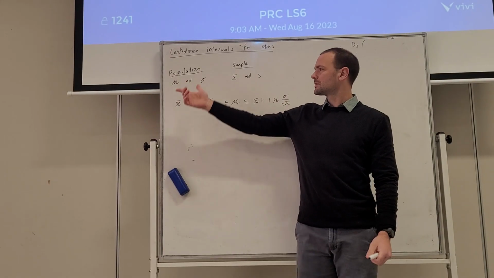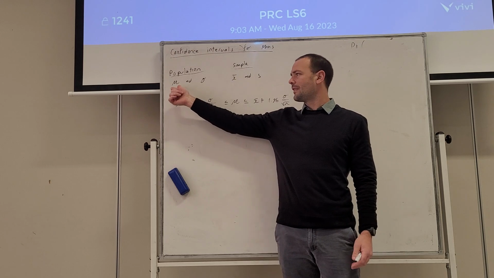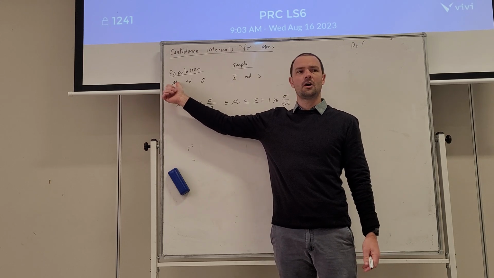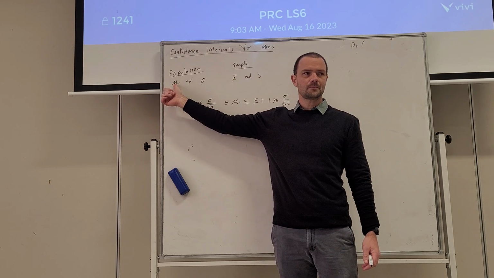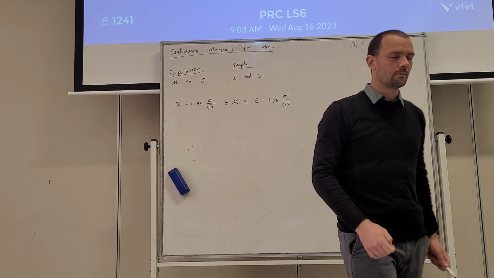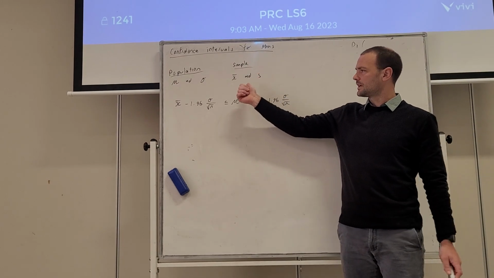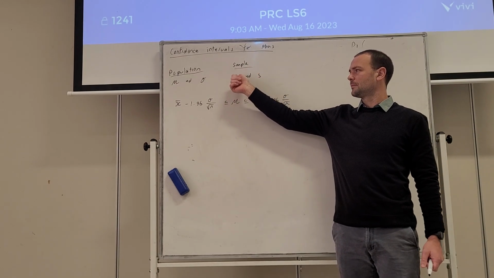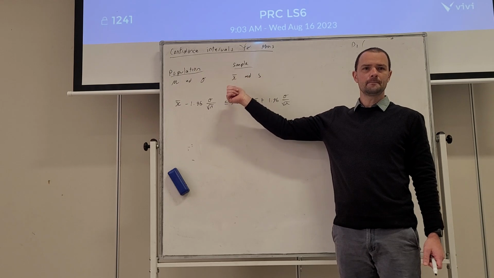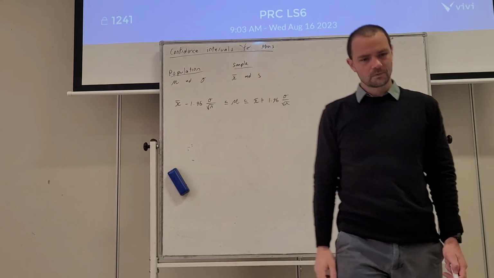So if we were to survey every year 12, and the example I've got here is about height, and find the average height, that would be the mean of the population, okay? And similarly, the standard deviation of the population. For a sample, the notation we use is lowercase x with a bar on top. That is the mean, and we use lowercase s for the standard deviation.